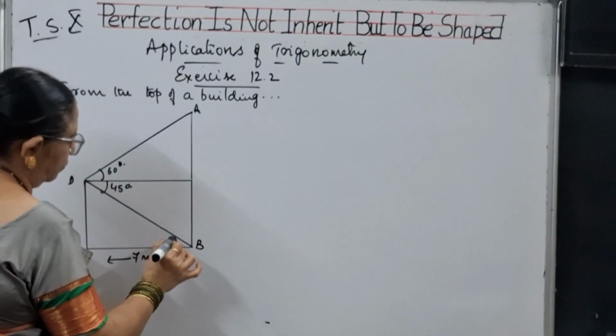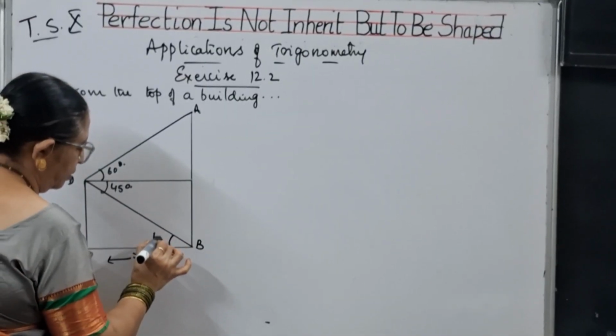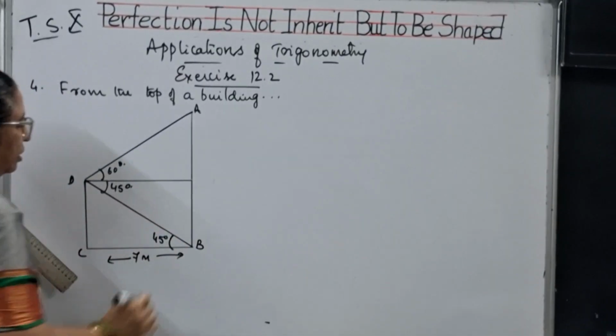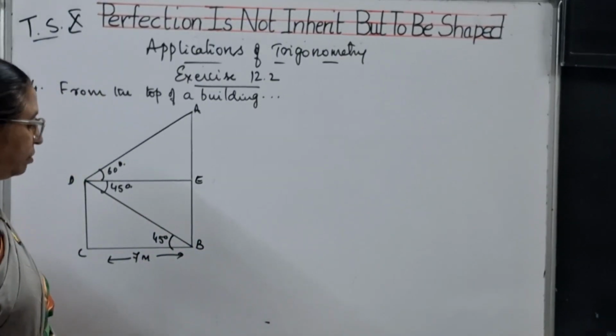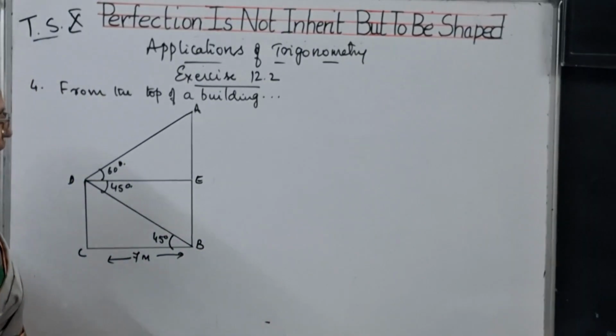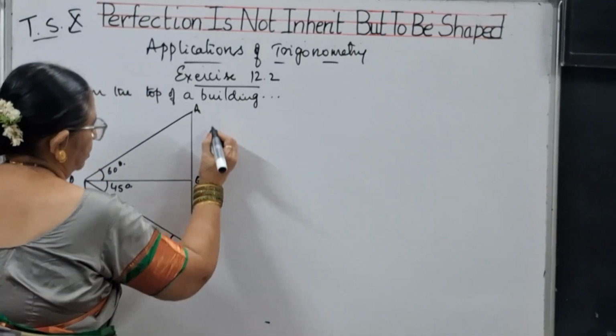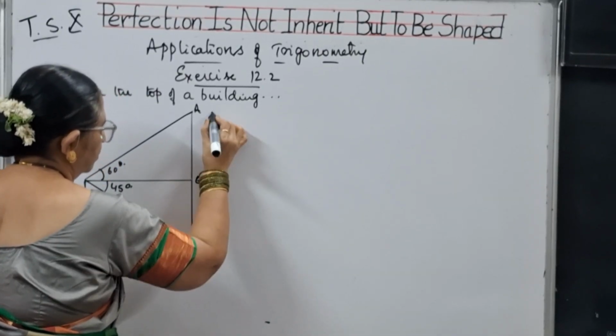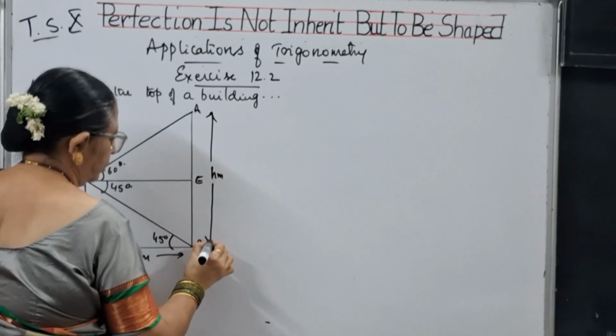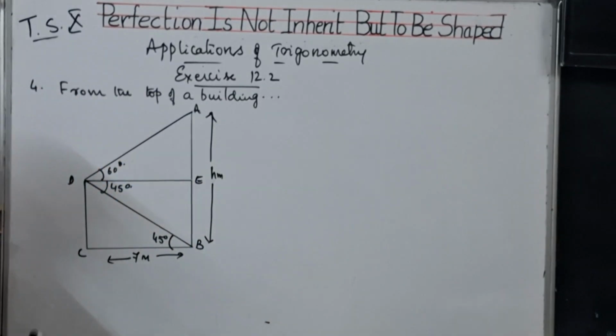So if this is 45, definitely this is also 45 degrees. So let me call this as E. Now the question is, what is the height of the tower? This is H meters. This is the height of the tower. This you need to find out.